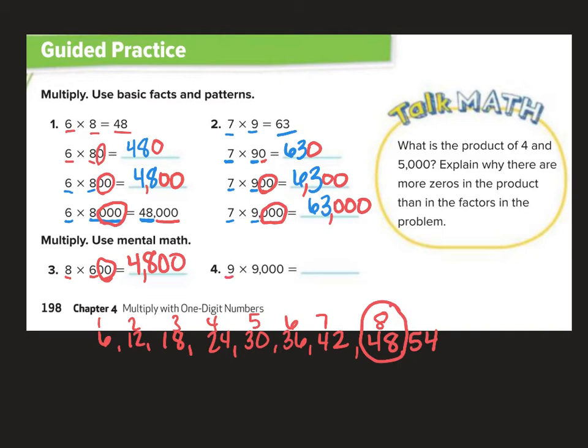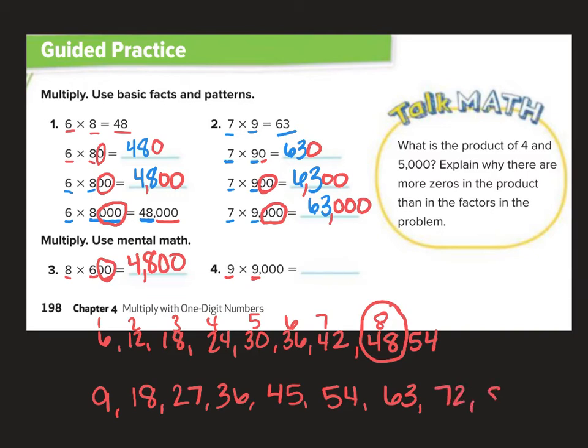Okay, now we have to do 9 times 9,000. So let's do our multiples of 9. 9 plus 9 is 18, 27, 36, 45, 54, 63, 72, 81, 90.